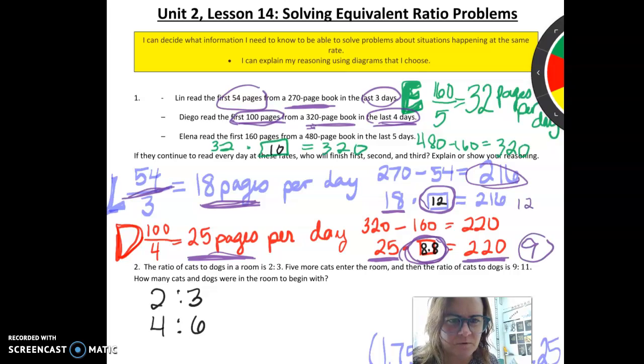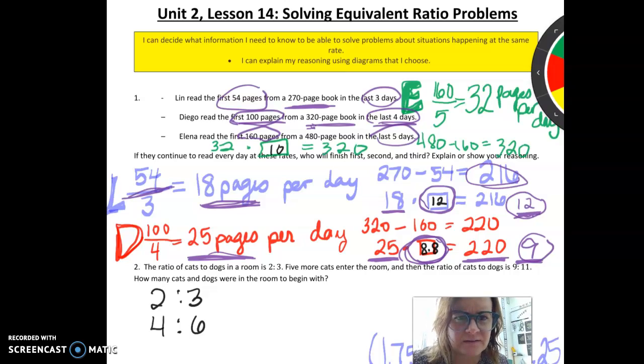And so we're comparing Lynn and Diego right now. Lynn, it's going to take 12 days. Diego, it's going to take 9 days. And Elena, she reads 160 pages, and she's reading from a 480-page book. And she read for the last 5 days those 160 pages.